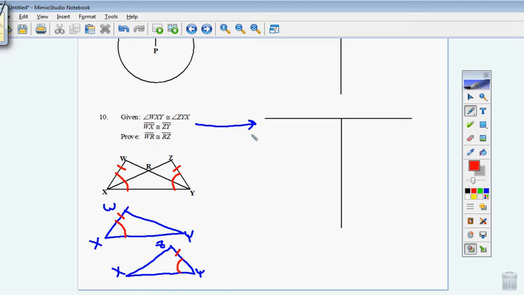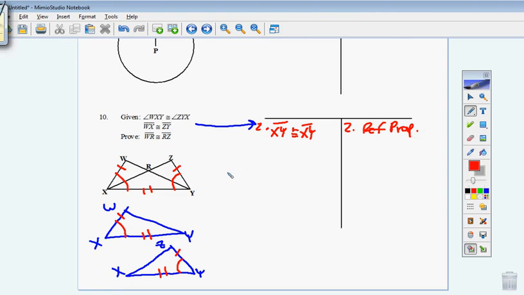Alright, so that's the given, and now just like problem number 8 that talked about overlapping triangles, notice they share a side. They share side XY. So I can say that XY is congruent to XY by the reflexive property. So I'm just going to write reflexive property there.